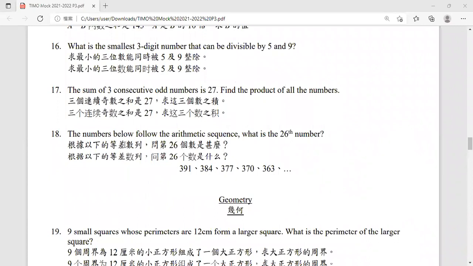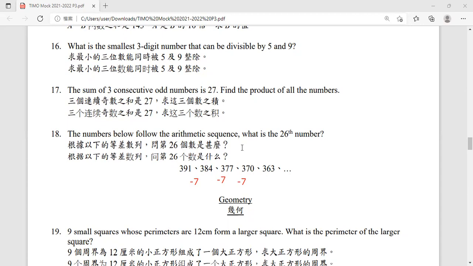What's the number for the 26th term in the arithmetic sequence? For those questions, you try to subtract, or find the difference between two terms. So you will find it's -7, and all the terms become -7 from the last term.